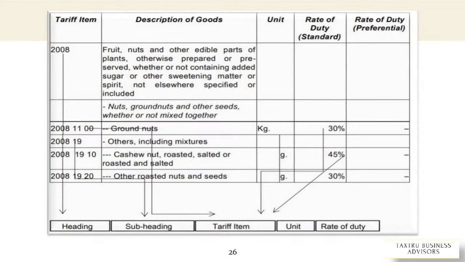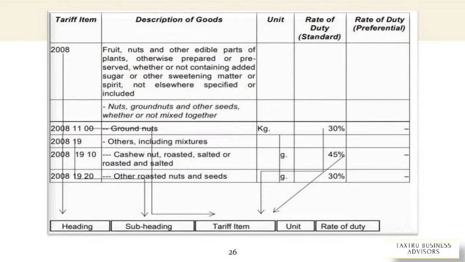So you might be having an idea from this that if they want to classify any tariff item, they'll keep on excluding that item from a subgroup. Suppose they wanted to tax this groundnut at the same rate of other nuts and groundnuts, they would not have given it specifically. They should have given it within the heading only, or maybe subheading only.